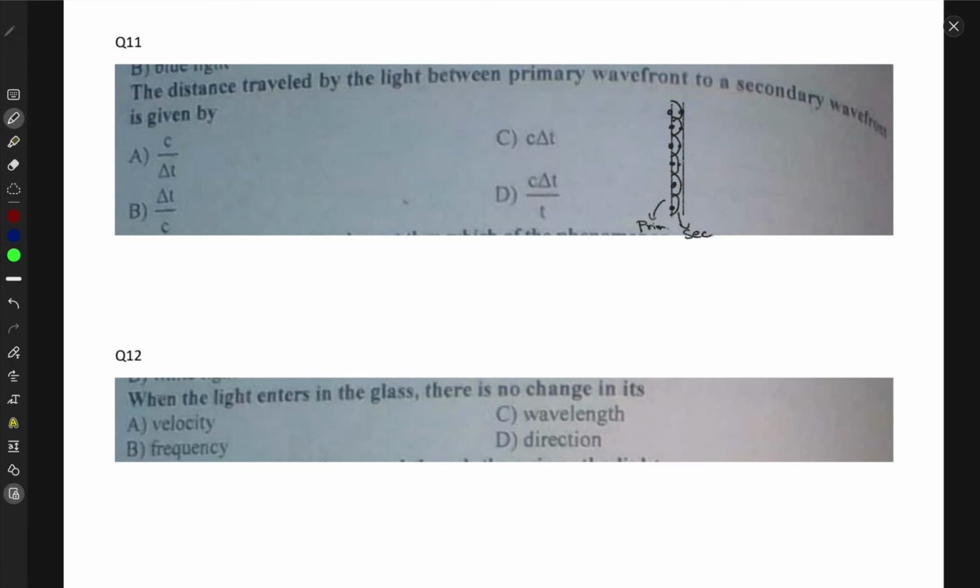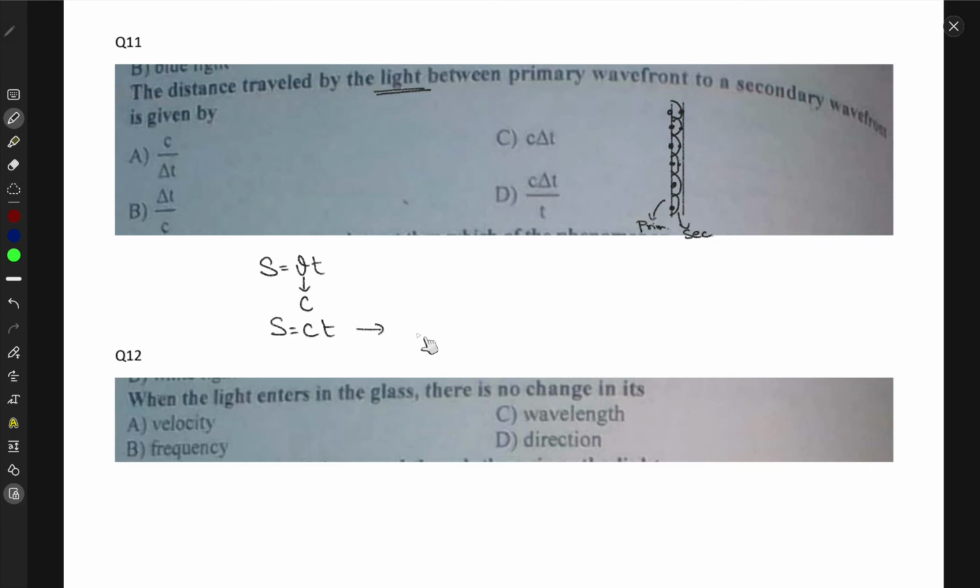Now we know that the displacement or the distance is given by S is equal to V times T, where S is the displacement, V is the speed or velocity, and T is the time. Now because in this case light is traveling, V is just the speed of light, so this equation becomes S equals CT, right? So T would be the difference in time between these two wavefronts being formed, primary and secondary.